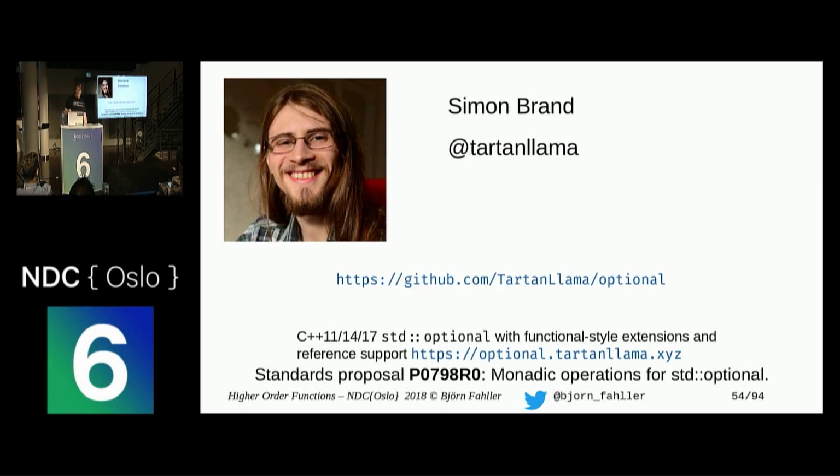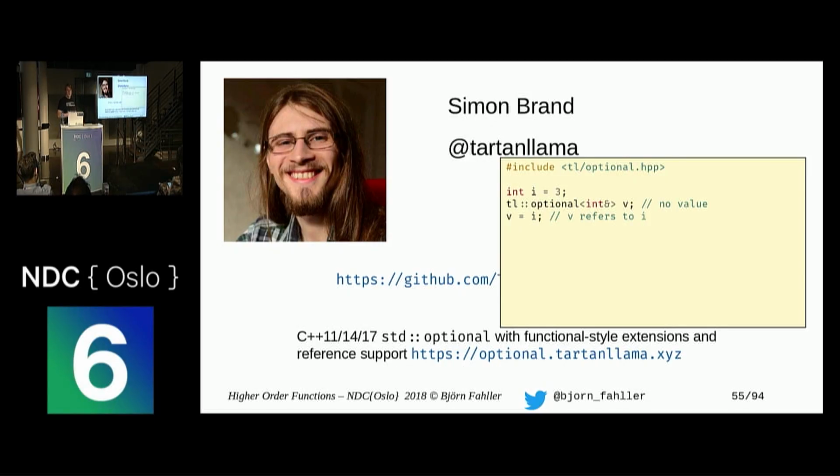What this thing does is, it's under the tl directory, tl::optional, tl for Tartan Llama. If you ask him why Tartan Llama, he just says he was once a teenager, and that's it. So I create an optional<int&> v that is default constructed, so it doesn't have anything. Then I assign to it, so now v refers to i.